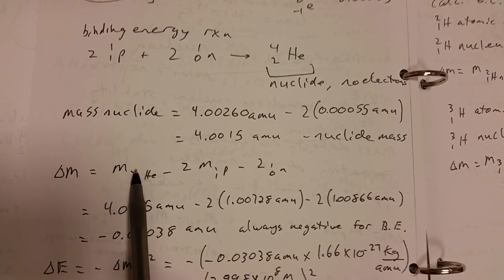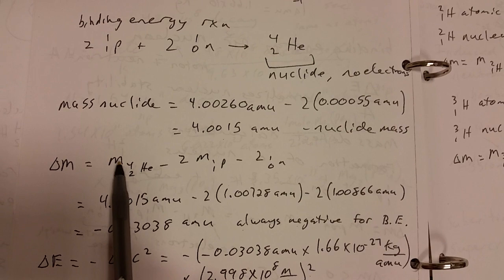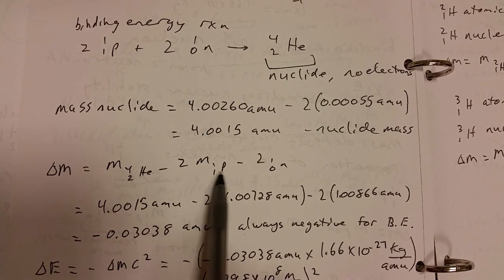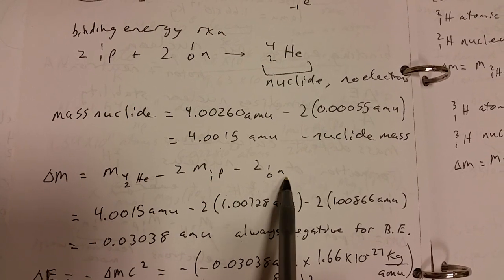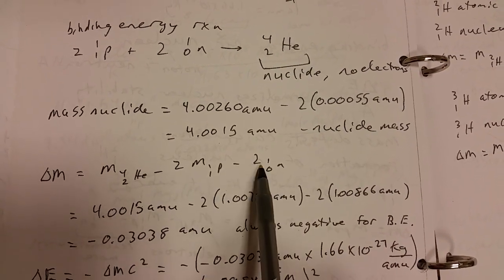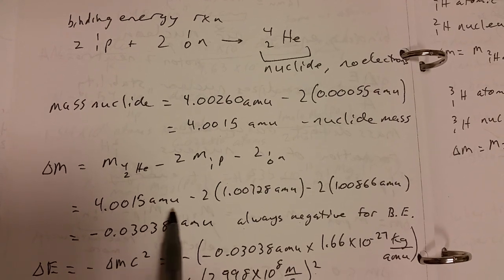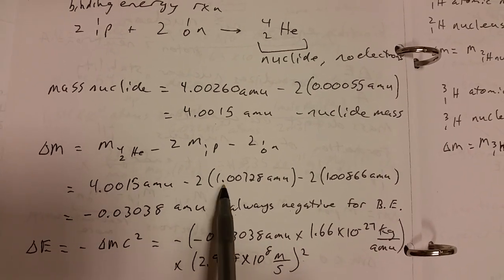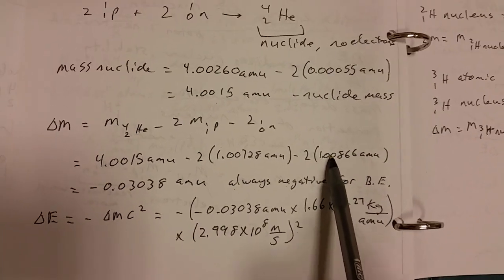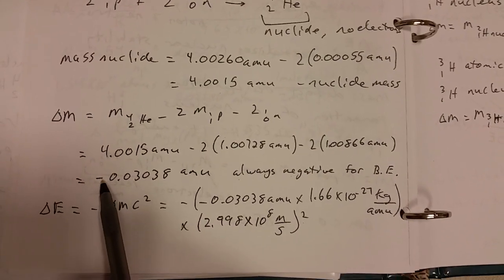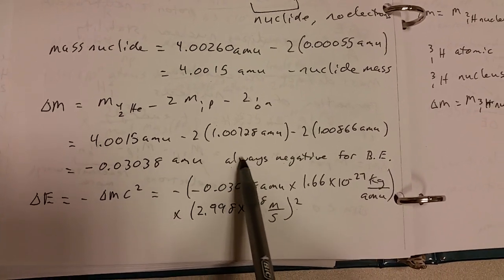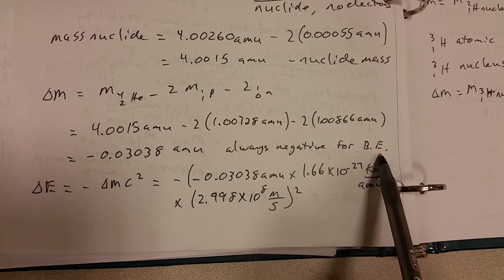Now we can use that in our delta M equation. The mass of that nuclide is the product, and the reactants are the 2 protons and the 2 neutrons, just like we have up here. So you have the mass of the nuclide, 4.0015, minus 2 protons, minus 2 neutrons, and that gives us a mass defect of minus 0.03038 AMU. And it's always negative for binding energy.